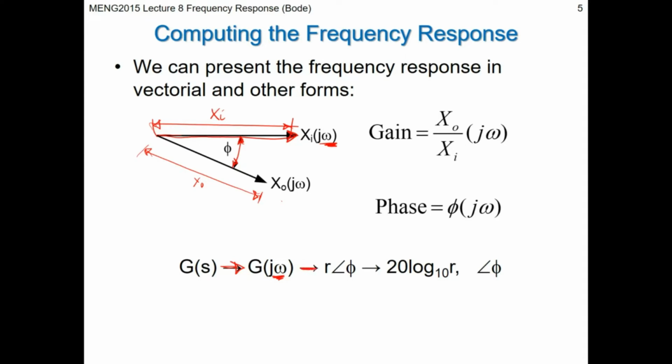Then we can also express a frequency transfer function in terms of a magnitude and phase, and this is a sort of vectorial form. Then we can also represent it by separating our phase from our magnitude.